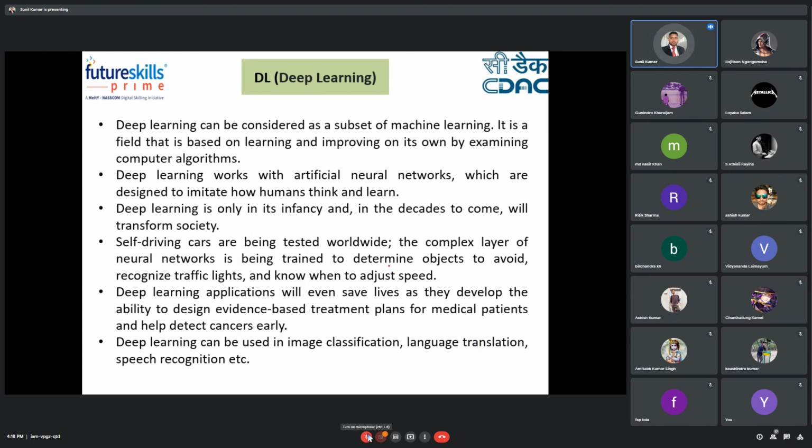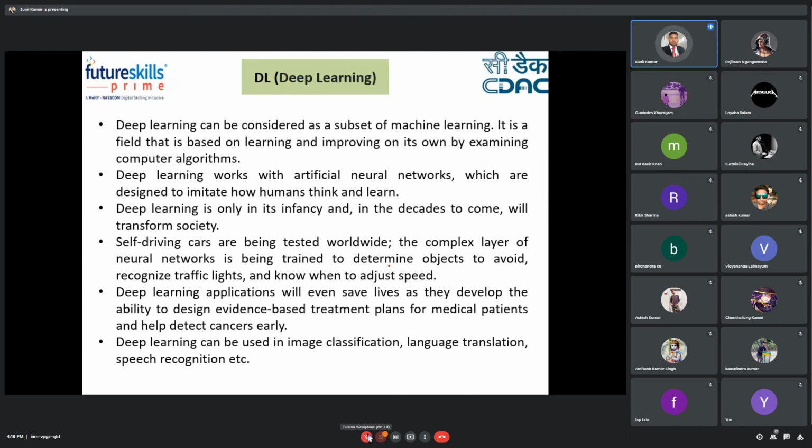Deep learning is also a subset of machine learning. It is a field that provides machines the capability to examine themselves. Basically, it takes decisions on the basis of a neural network like a human, because a human has the capability to think and take decisions.